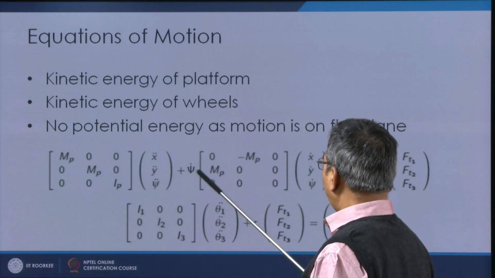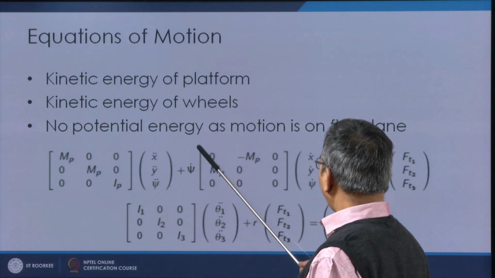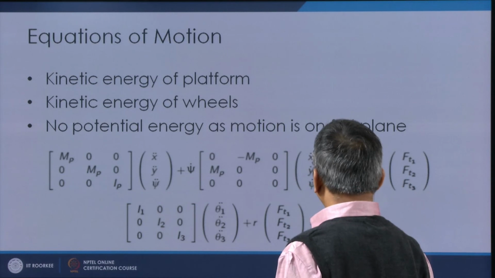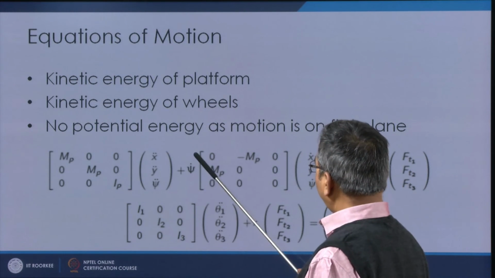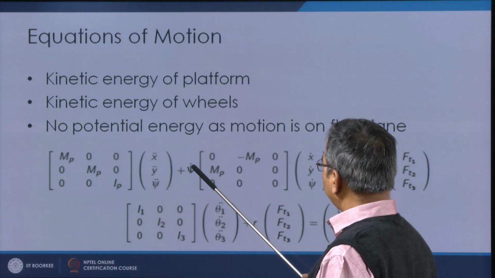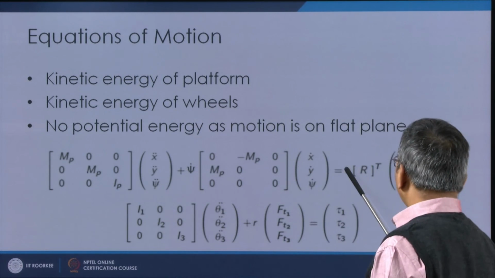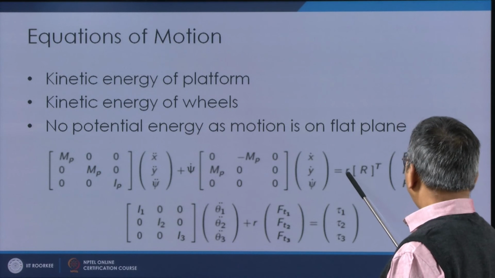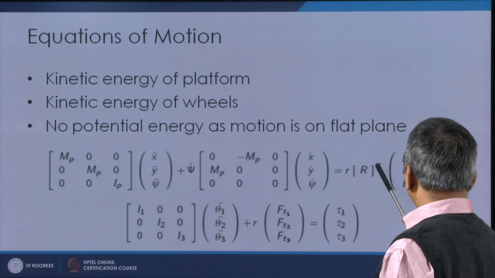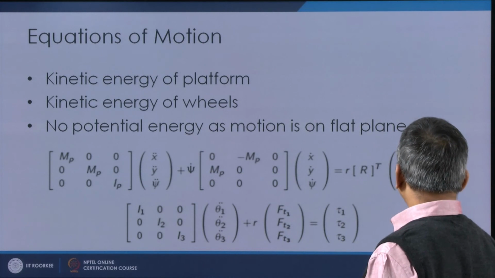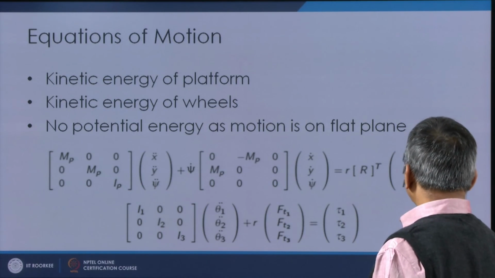Plus you have a matrix here, and of course the velocity vectors, and also the vector psi dot, and this is equal to r into the rotation matrix which we have seen previously, transposed, into the traction forces.